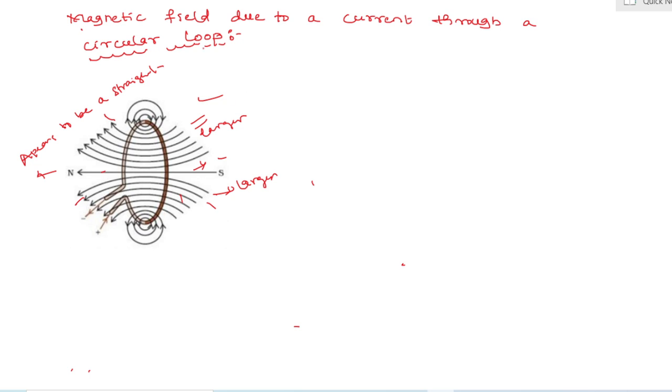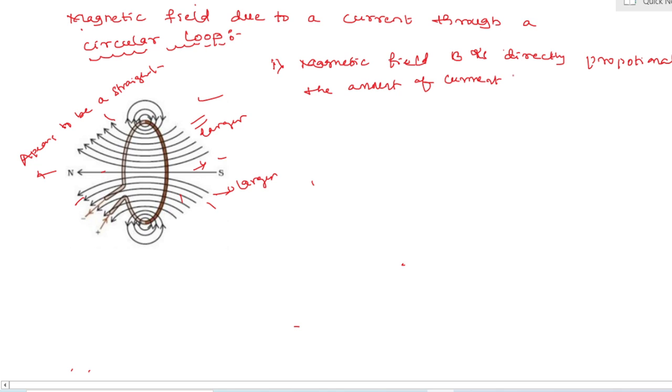First, magnetic field B is directly proportional to the amount of current I flowing through it.